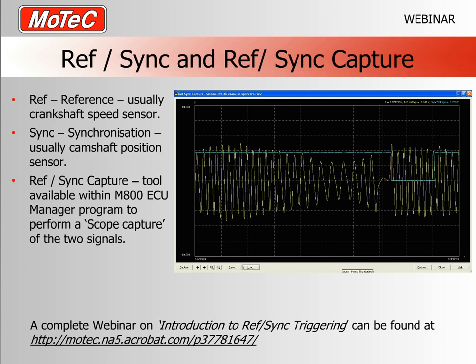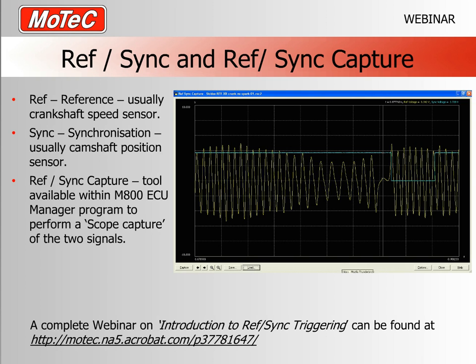Now without this synchronization sensor, it's not possible to have sequential fuel injection or indeed sequential ignition. There are some modes that allow us to use reference only, but these tend to be a group fire type of situation. So that's what reference and sync sensors are.